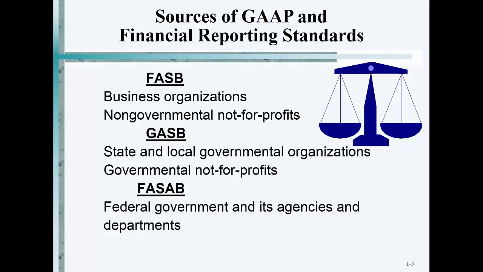Okay. Now, when we look at the entities that set accounting standards for state and local government and not-for-profit organizations, when we're dealing with state and local government, we're looking at the Governmental Accounting Standards Board. The GASB is the entity that sets accounting standards for state and local governments. Governmental Accounting Standards Board, the GASB. The GASB is basically the sister organization of the FASB.